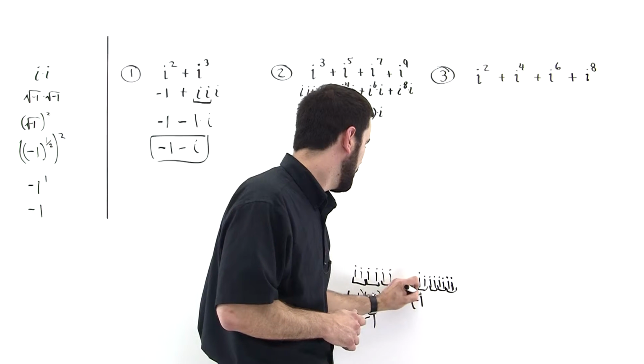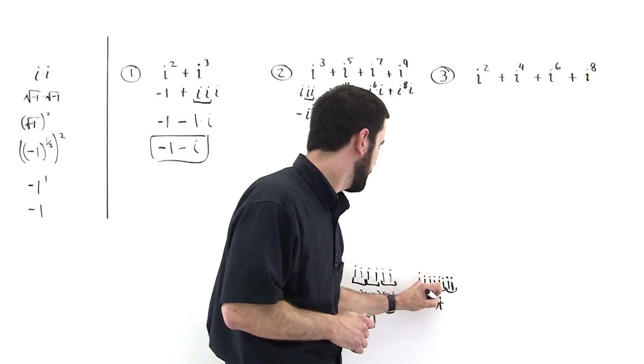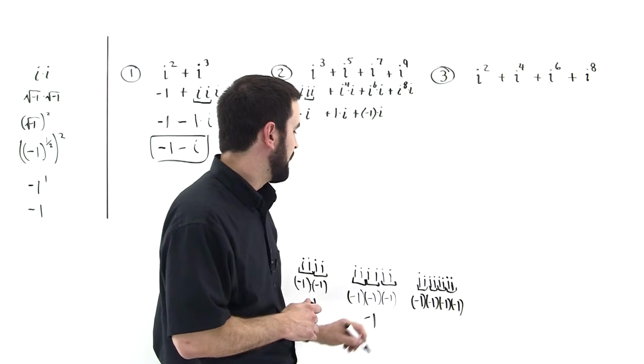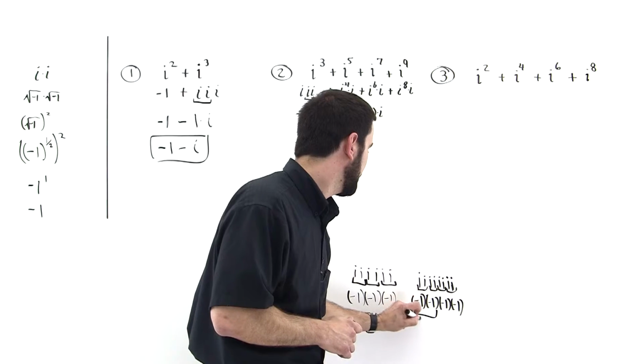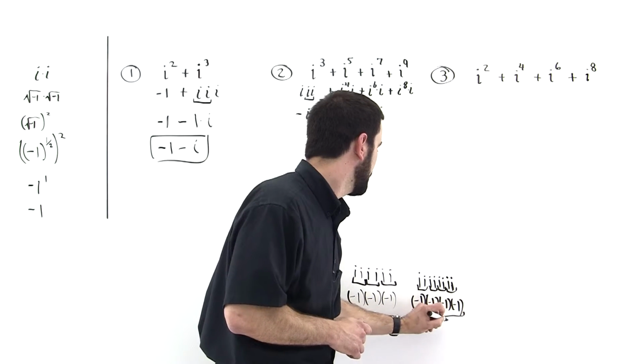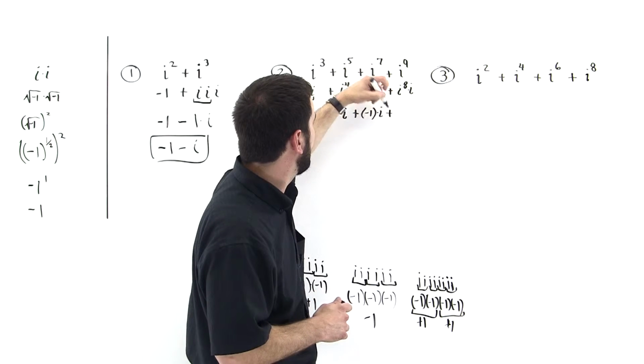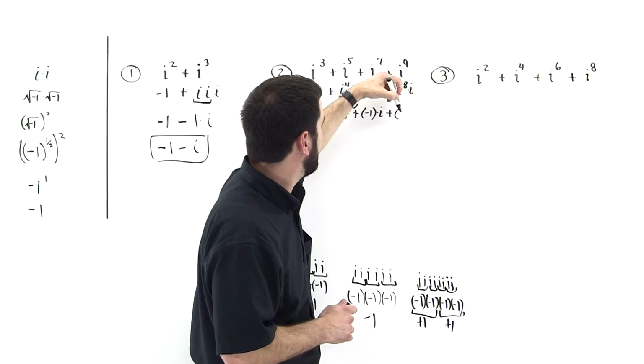So that's -1 times -1 times -1 times -1. These two yield a +1, and these two yield +1. So then this will be +1 times i.